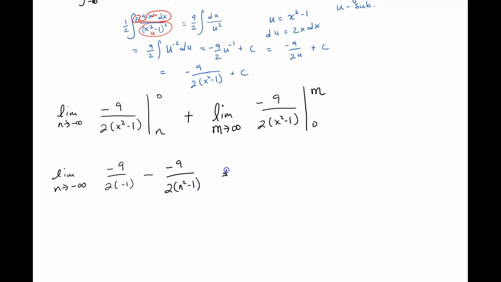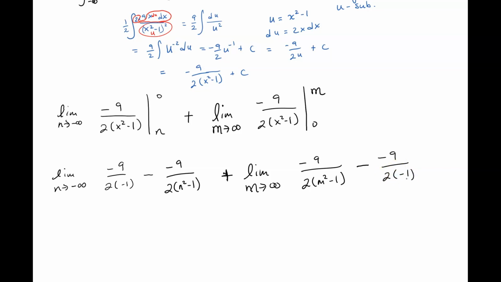Plus, and then we have a limit very similar to what we had in the very first, just in reverse, I believe. We're going to have a negative 9 over 2 times m squared minus 1, minus a negative 9 over basically 2 times a negative 1 again.